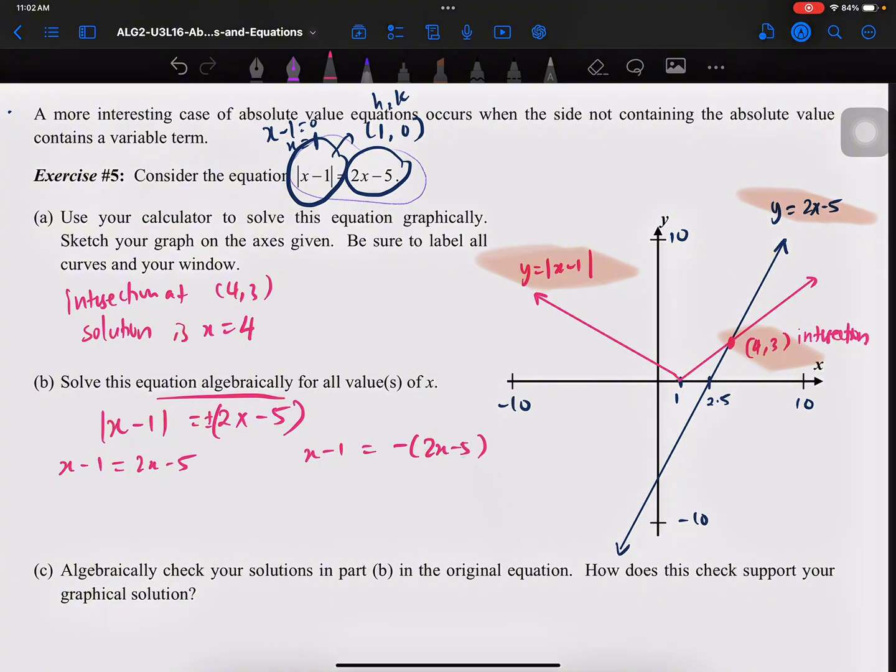So here we solve it, it will become minus 2x minus 5 plus 1, so it is minus 4, minus x, x is 4. The other one, we expand the bracket, x minus 1. Next, x plus 2x, 5 plus 1, 2.